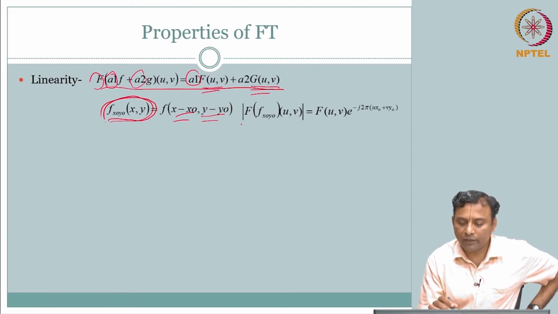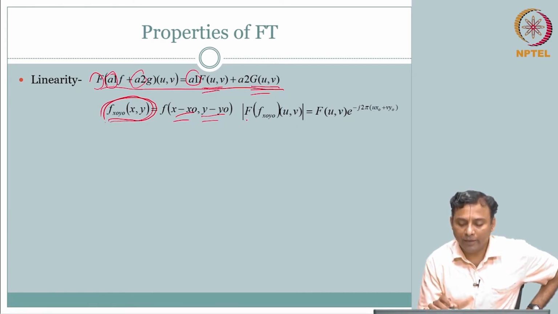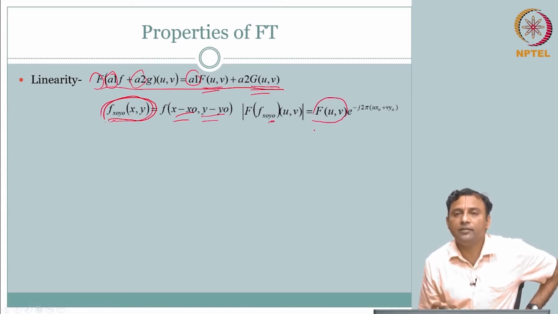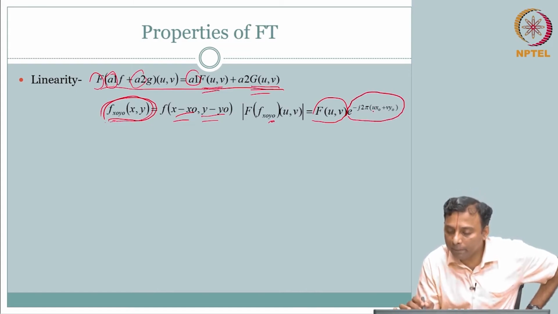If I take the Fourier transform, this is the magnitude. The magnitude of the Fourier transform of the shifted signal is nothing but F of u comma v, fine. More importantly, there is e power minus j 2 pi times the shift terms.